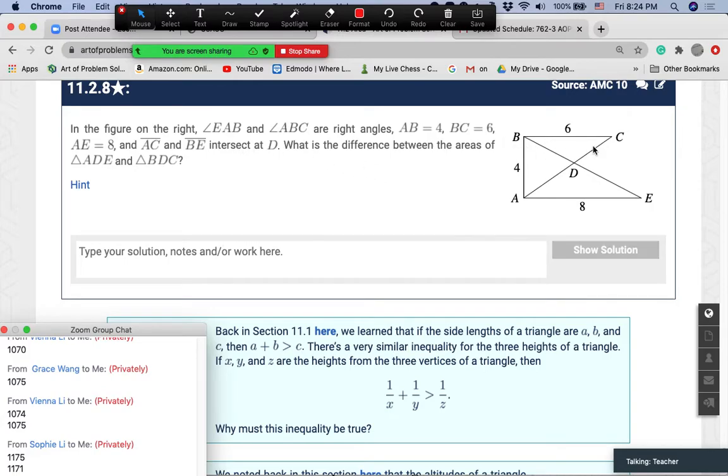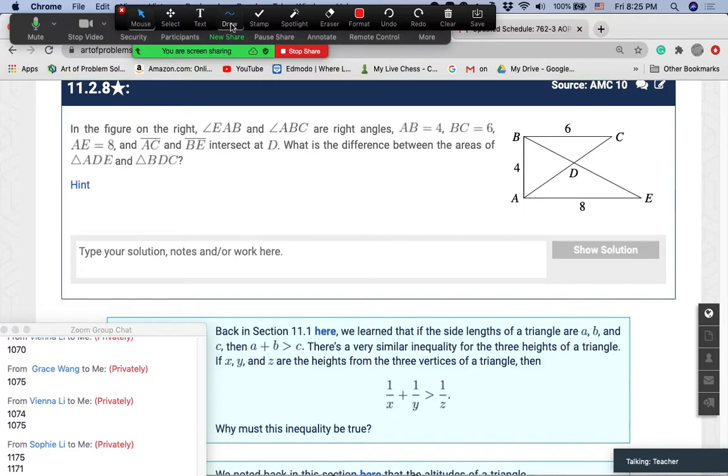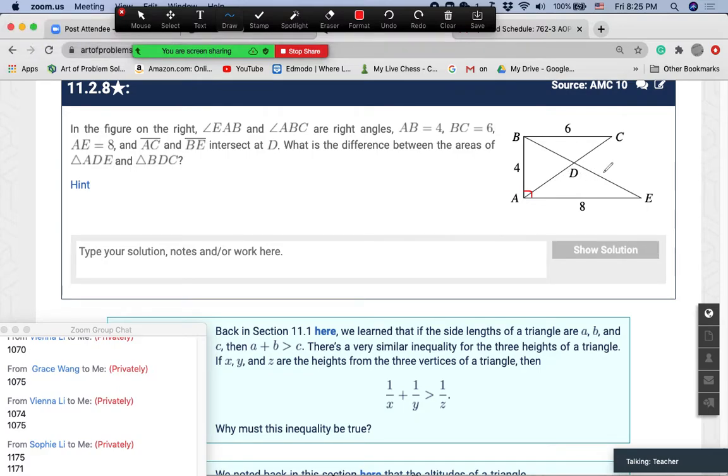In this figure on the right, angle EAB is a right angle. They give you that it's a right angle. And angle ABC is also a right angle. Then AB equals 4, BC equals 6, and AE equals 8.